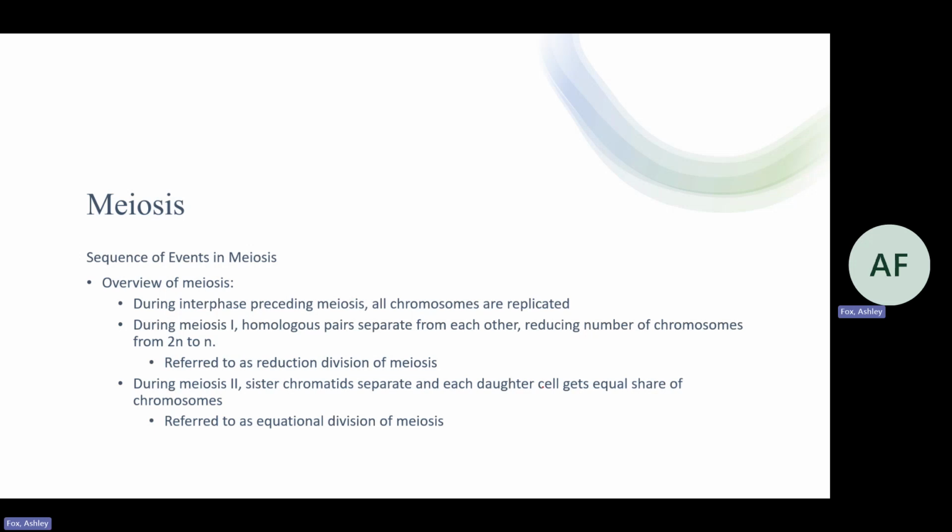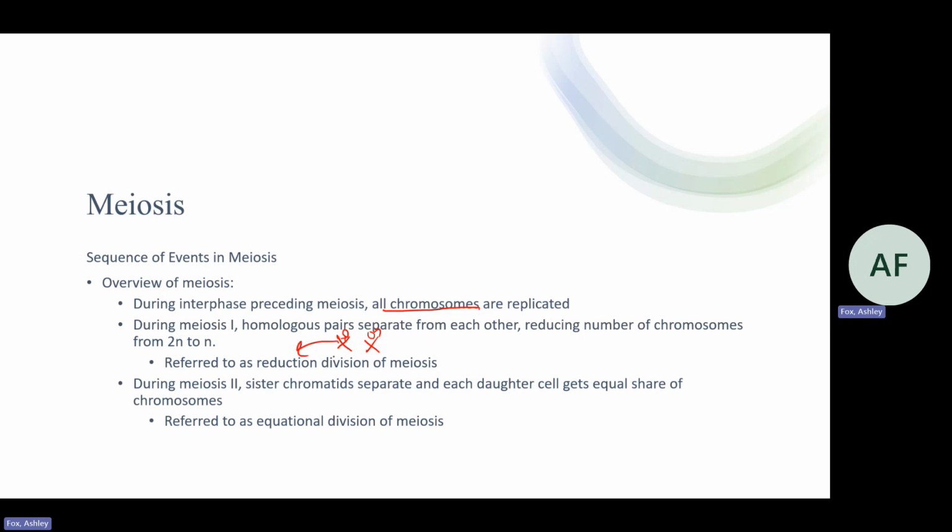Looking at meiosis, interphase is the same as mitosis. During interphase, we replicate all of our chromosomes. That's going to get us ready for the division. During meiosis 1, the homologous pairs are going to separate from each other. Again, we copy it, so we have a pair that is maternal genetic material and a pair that's paternal genetic material.